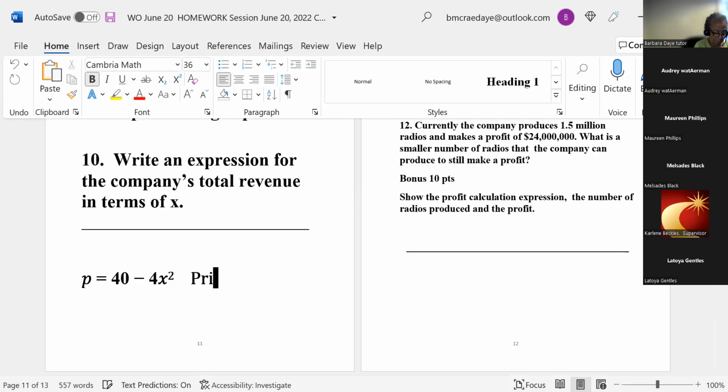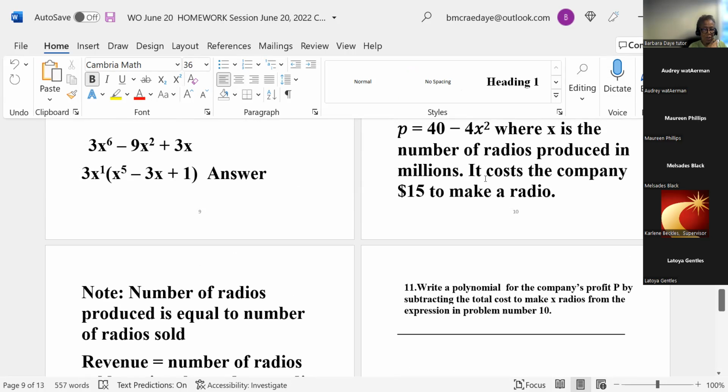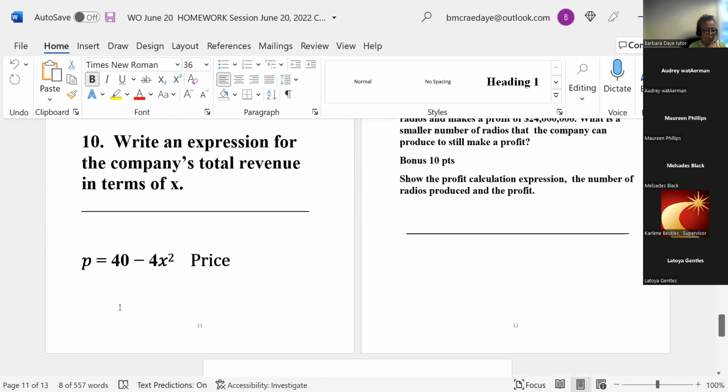That's the price. All right. Now, what else did they give you? It cost the company $15 to make a radio. So we need this, right? $15 to make a radio. So let's just put that there.